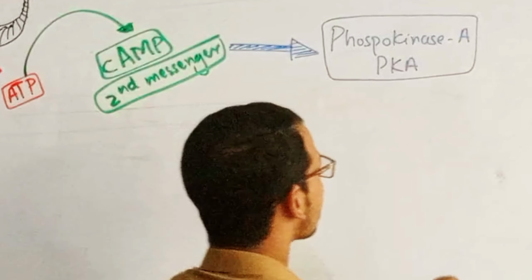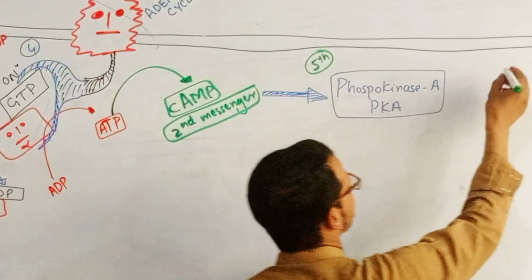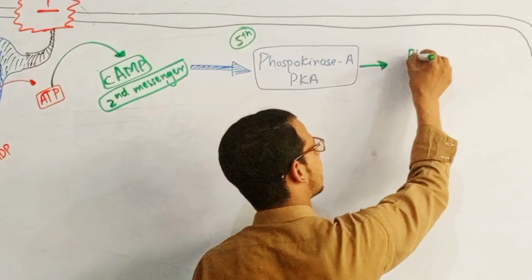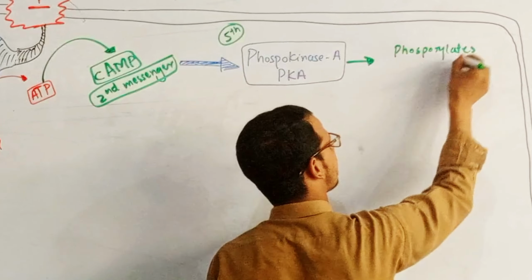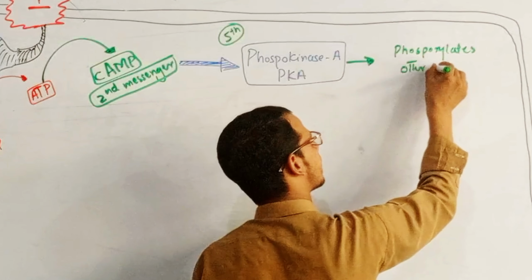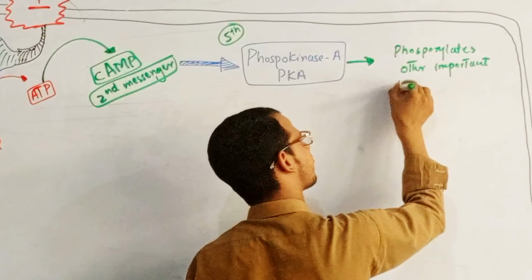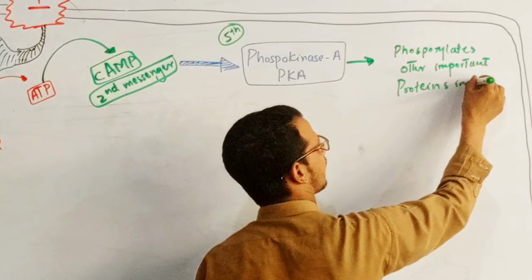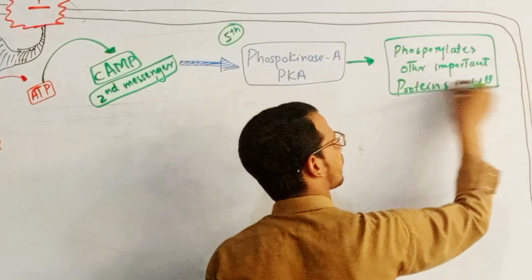This is the fifth step. This phosphokinase A enzyme phosphorylates other important proteins in the body or in the cell.